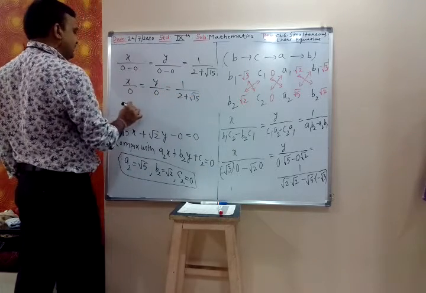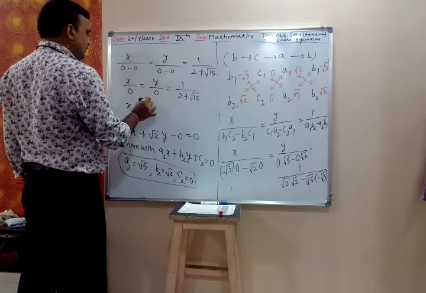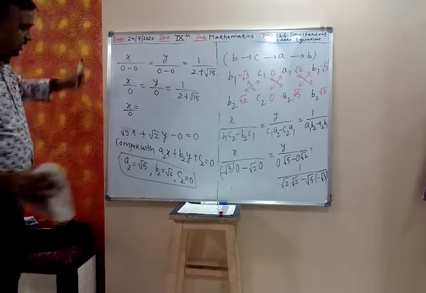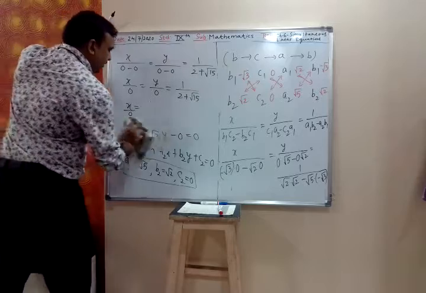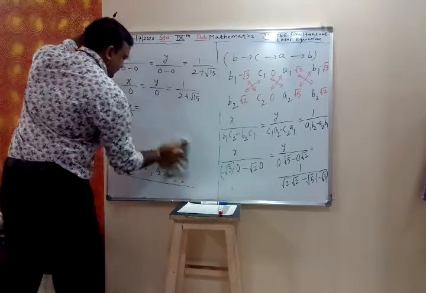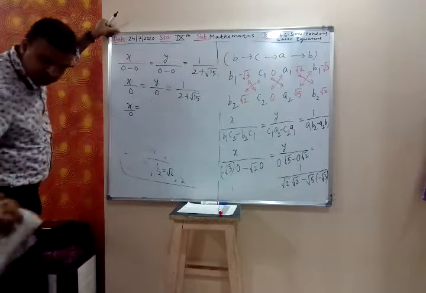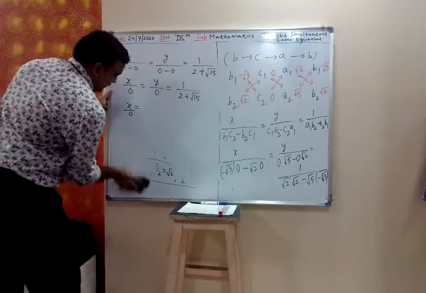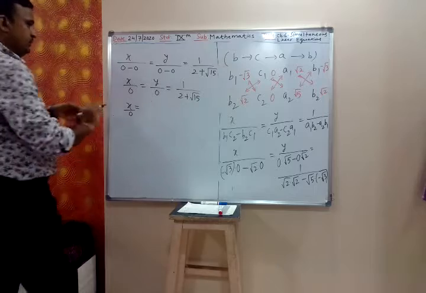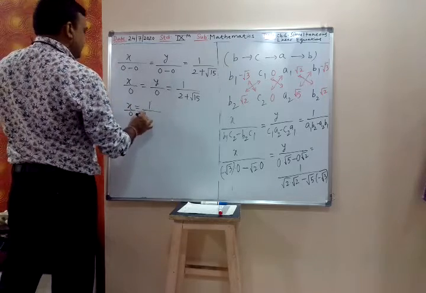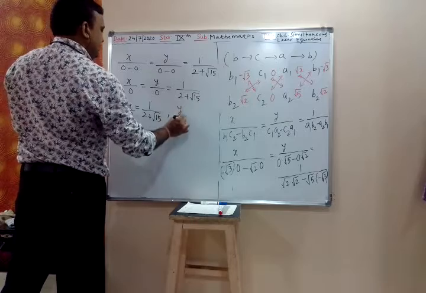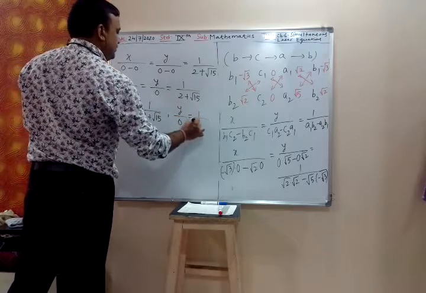So I can write x upon 0 is equal to 1 upon 2 plus root 15, and y upon 0 is equal to 1 upon 2 plus root 15.